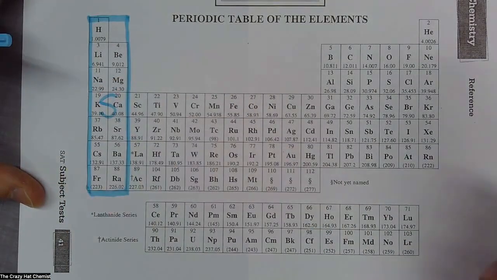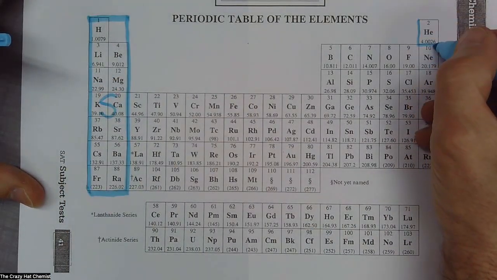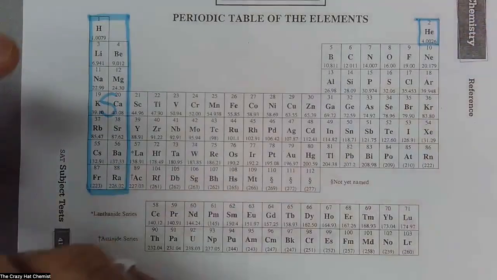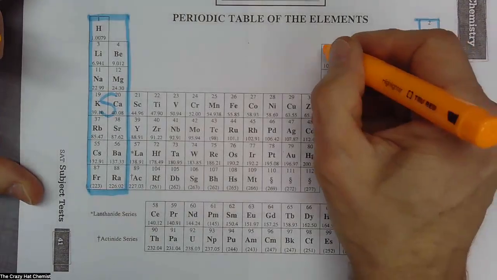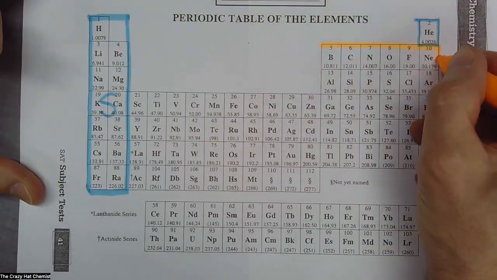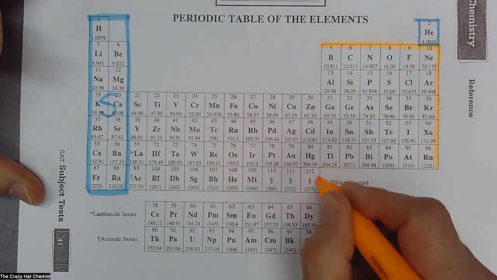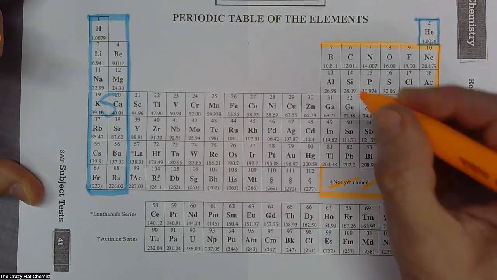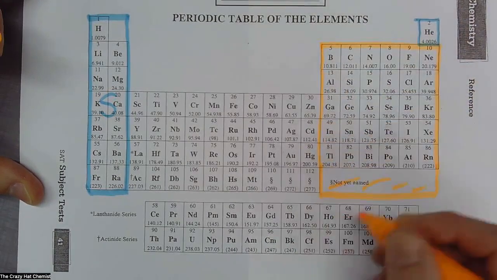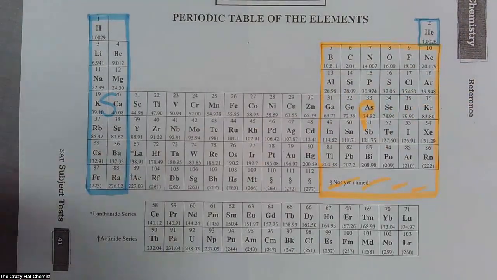These are S-type orbitals. That does include helium. Helium is an S-type orbital, so that goes right over there. Okay, the next one is going to be right in this section, and it does continue here for these elements, which I don't have on this periodic table, but these are P-type orbitals.